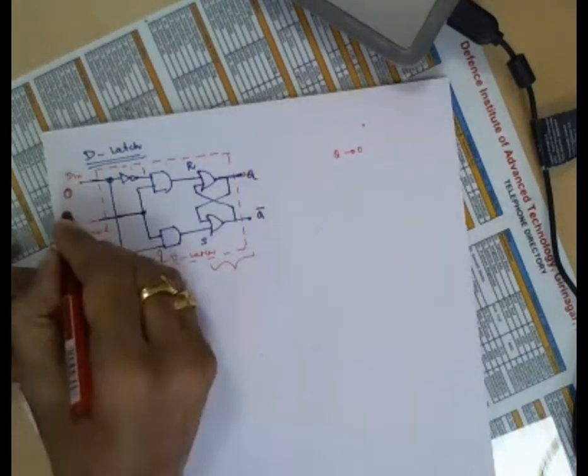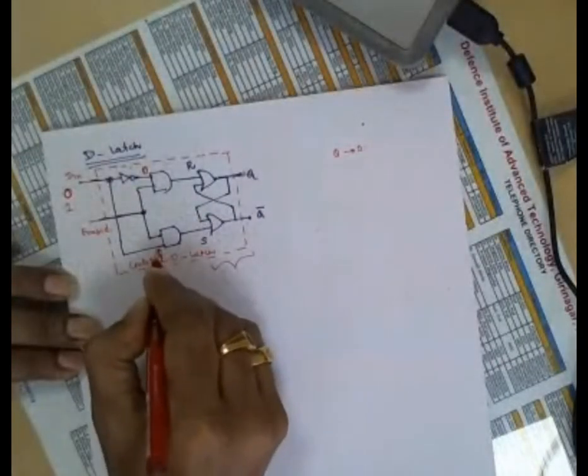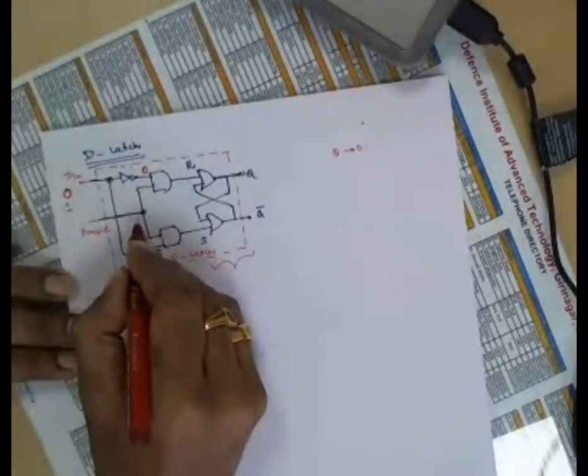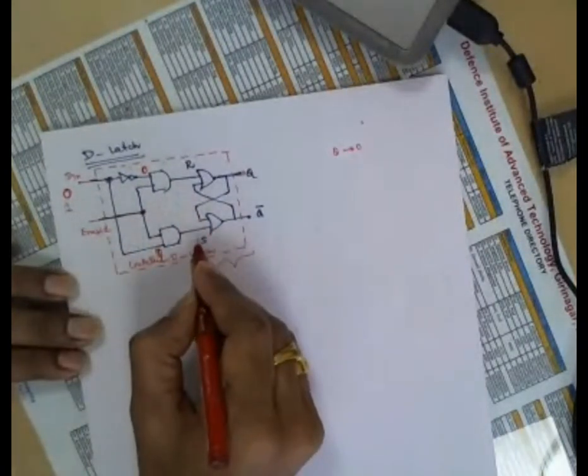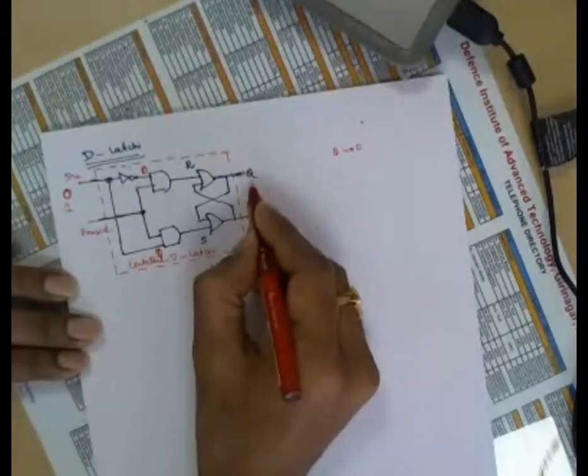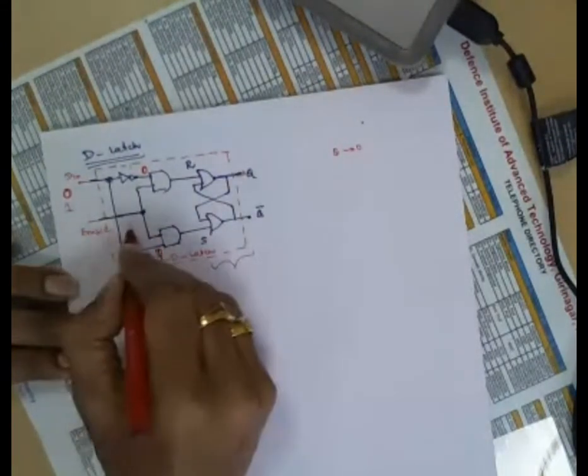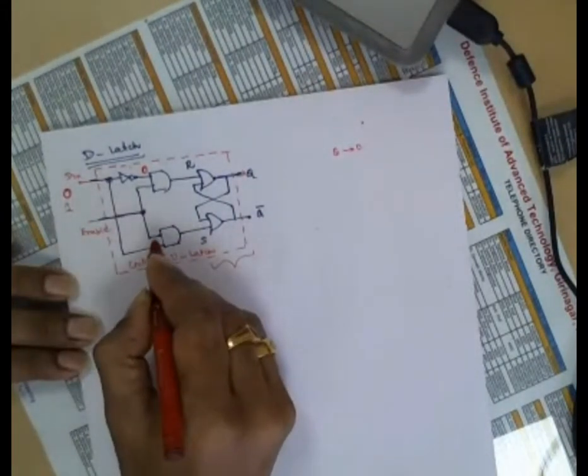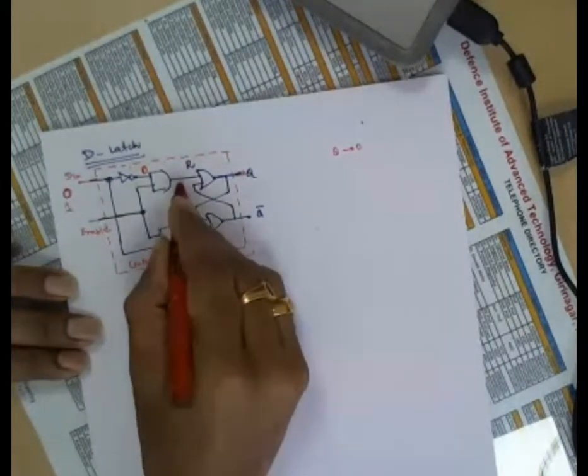In the same way, you maintain 1 here and disable the enable pin, that means make it logic 0. If the 1 is here, then this pin becomes 0, and this 1 will come here, this pin becomes 1 now, right? As long as enable is 0, here 0, here also 0, so it maintains its value. When I apply the enable here, then this 1 and this 1 will come here, 0 will come here.